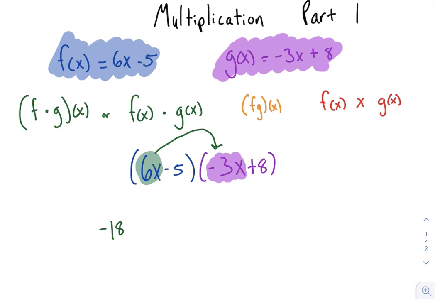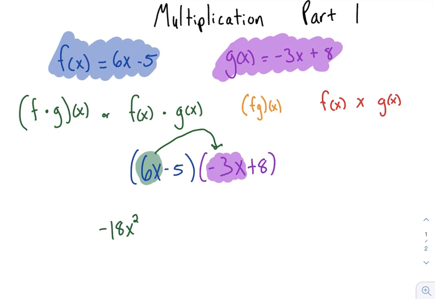In this case, we don't really see an exponent on the x, which should lead us to know that the default would be that there's a 1 exponent on both those x's, right? So just pretend there's a little 1 on both of those. So when we add those 2 exponents together, we get 1 plus 1, which is 2. So it's going to be negative 18x squared.